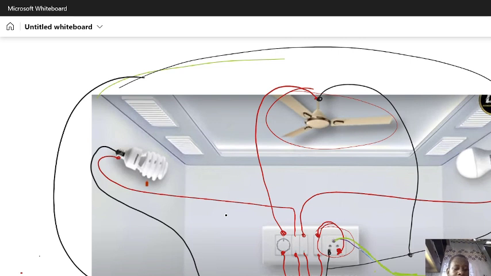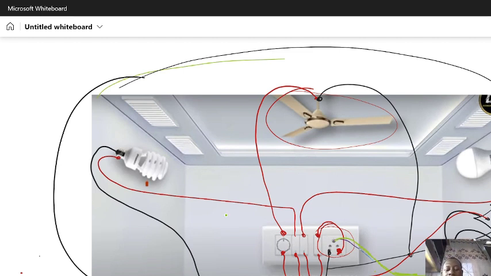Now let's say, for example, someone is going to add a component here, let's say a TV. Most TVs are connected to a socket. So you just add our socket. The socket has three terminals. I can connect the live to here, it's not a problem, or connect the live to here, it's not a problem, and connect the neutral to here, and connect the earth to here.